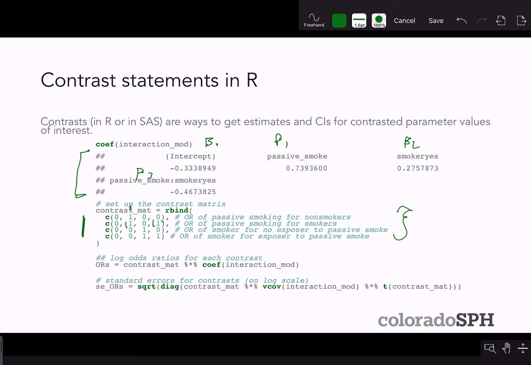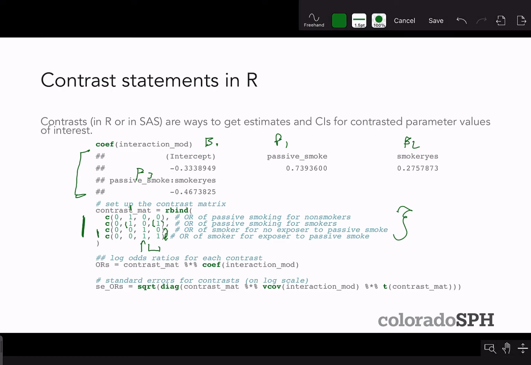Then the odds ratio of smoker for those exposed to passive smoke. And then for the two odds ratios associated with the odds of cancer for smokers, looking in the passive smoke versus no passive smoke category, we're interested in always having smoker, and whether or not you're exposed to passive smoke is what changes.